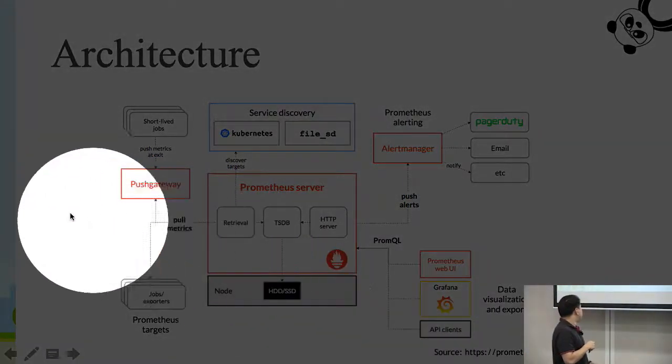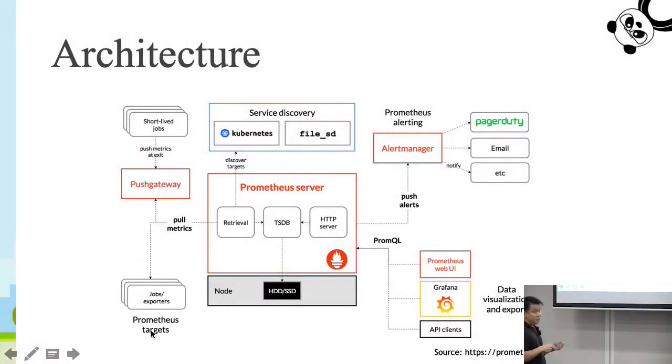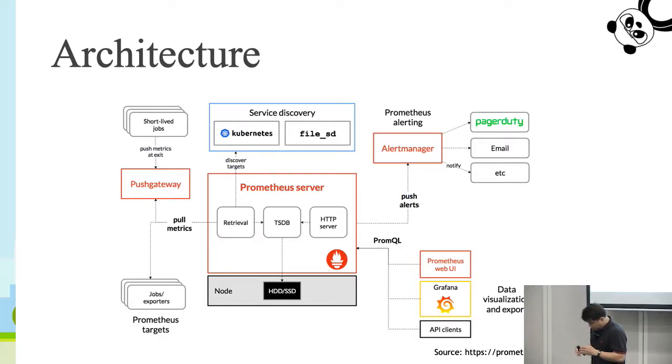Next piece on the picture: your jobs and exporters. Instrumentation is what this is talking about. Besides monitoring hardware and system resources, what about applications? For instrumenting applications, there are two types: white box and black box.